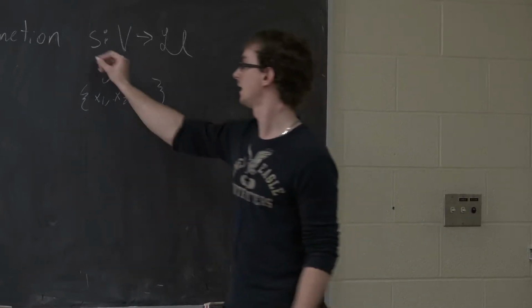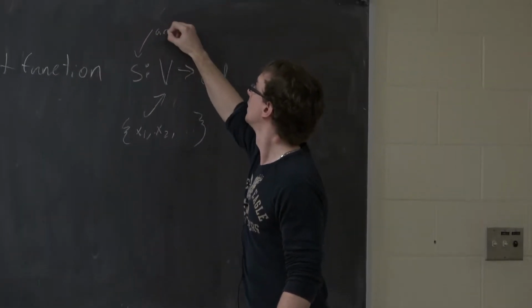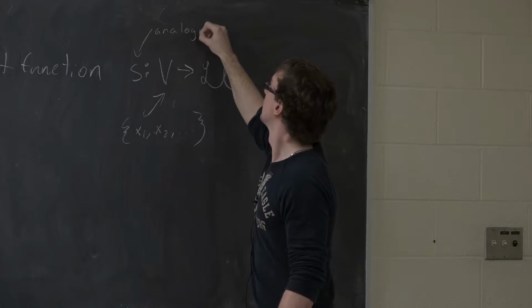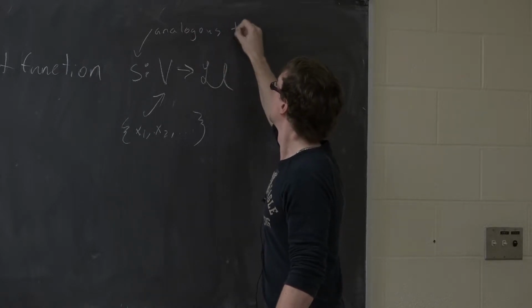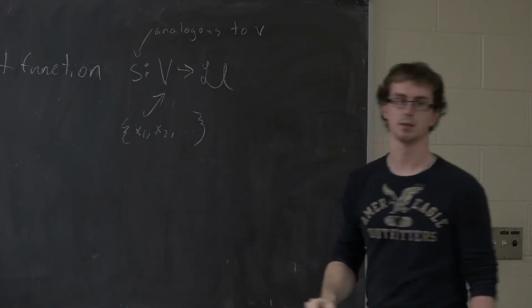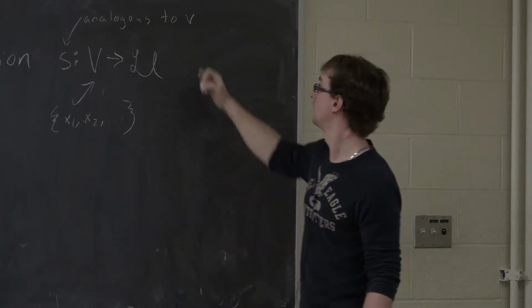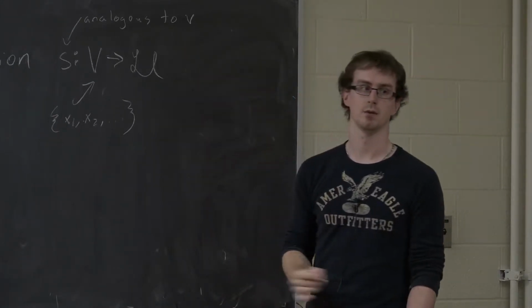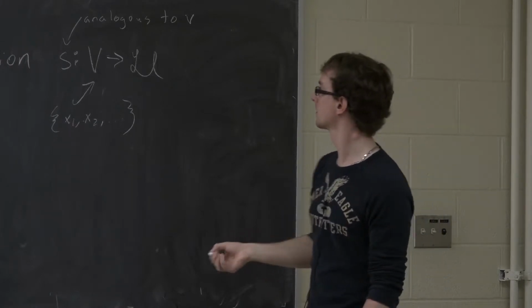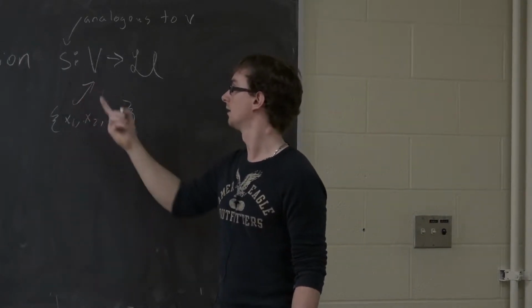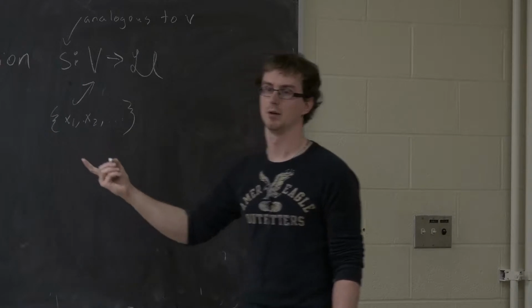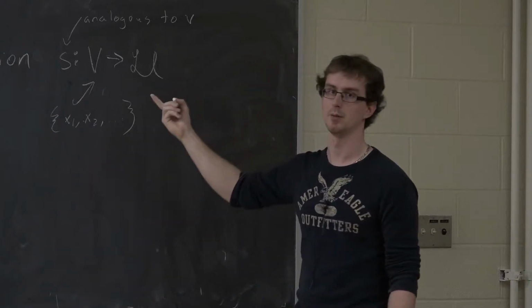This is kind of analogous to the truth function v in propositional logic, whereas v was saying that different propositional variables were true or false. This function is saying what our different variables are going to be in our domain.